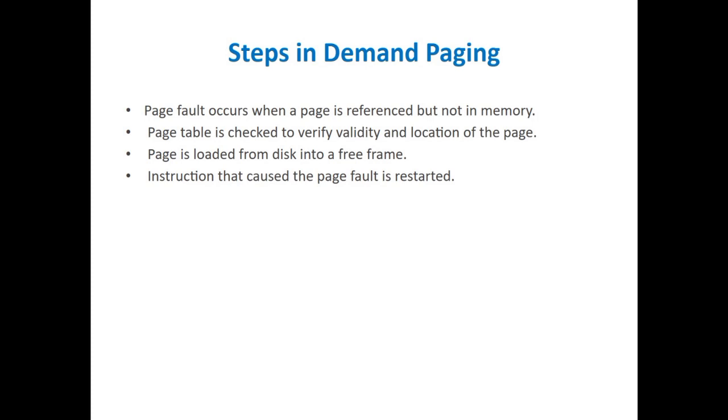The page table is checked to verify the validity and location of the page. The page is loaded from disk into a free frame. The instruction that caused the page fault is restarted.